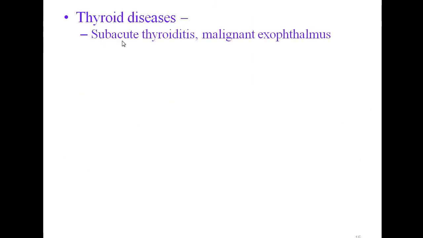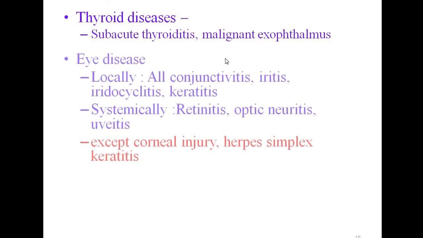In thyroid diseases like subacute thyroiditis and malignant exophthalmos, here it is the anti-inflammatory role. In eye diseases, locally, that is as eye drops or eye ointment, in all types of conjunctivitis, iritis, iridocyclitis, and keratitis. Corticosteroids are administered systemically in retinitis, optic neuritis, and uveitis.